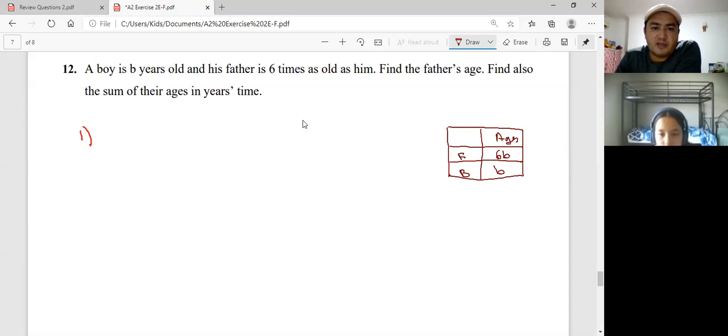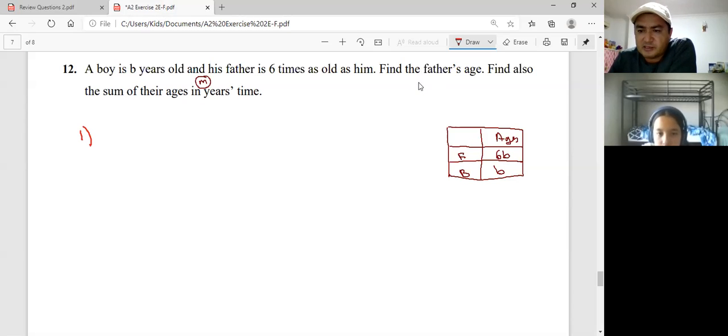Find also the sum of their ages in years time. I think something is missing here. I will correct it. Let's say in m years time. That means after m years, the father will be 6b plus m. And how about the boy? The boy will be b plus m.